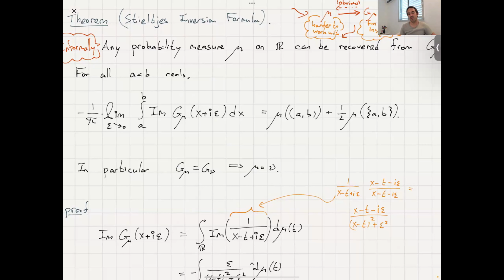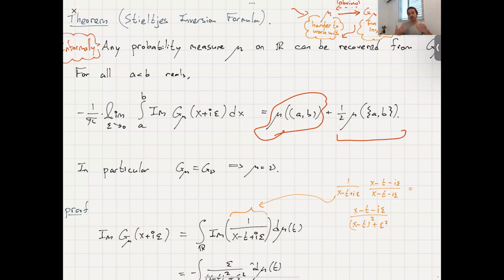I want to show you how you can restore mu, and it's enough to show how you can compute, given G mu, mu of any open interval. Ignore this bit for a second. We'll get back to it.